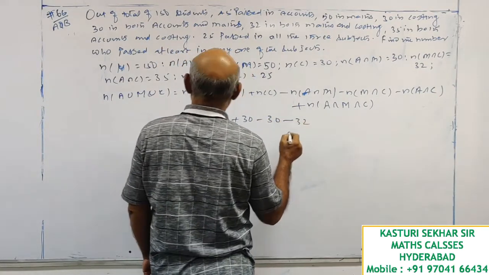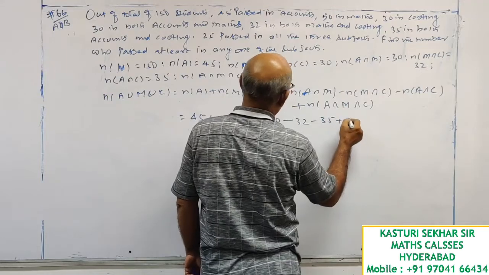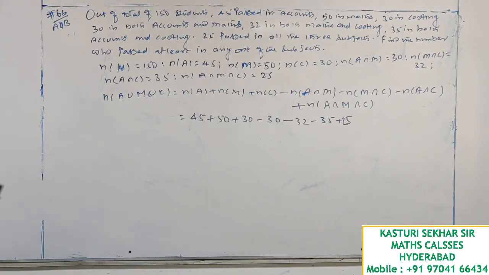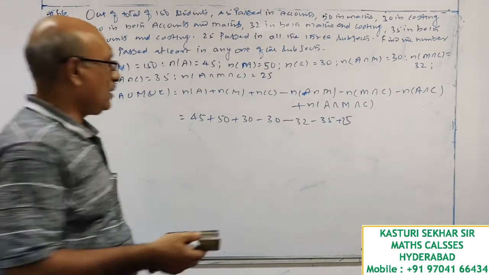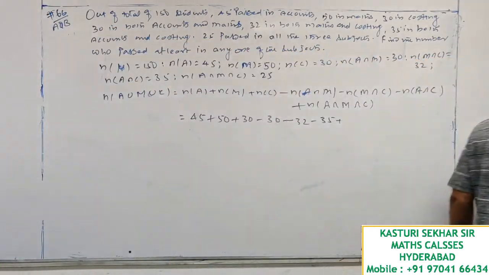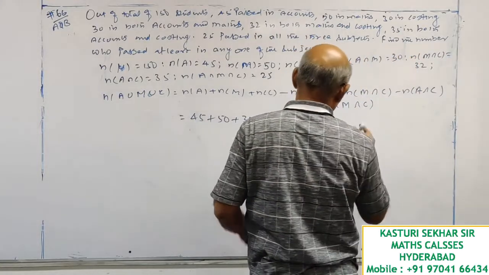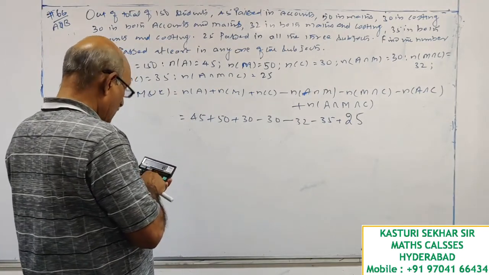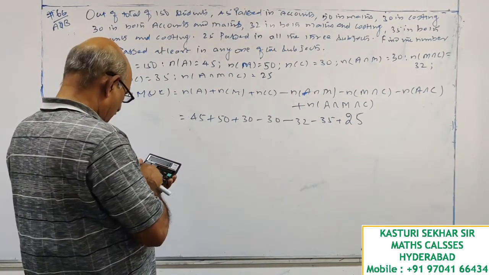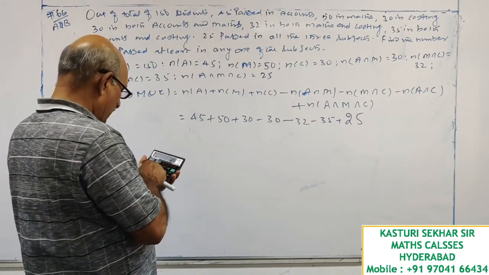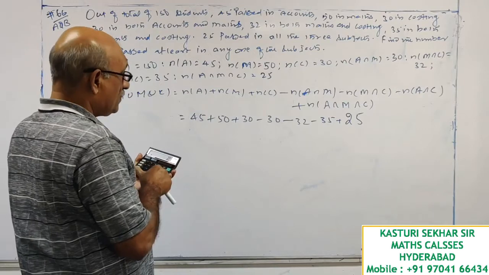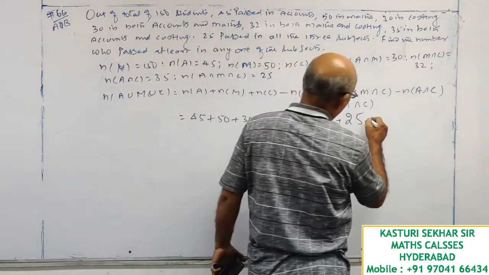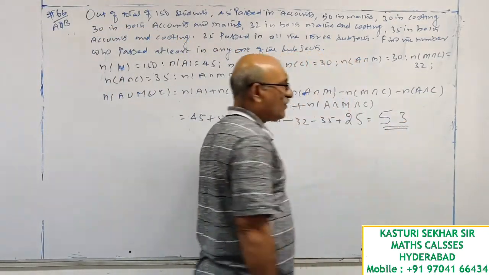Minus 30 minus 32 minus 35 plus 25. So this is 45 plus 50 plus 30 plus 25 minus 30 minus 32 minus 35, which is 15. This is the answer, 15.